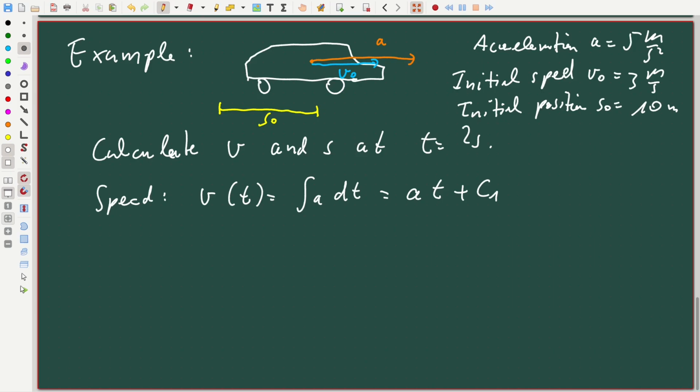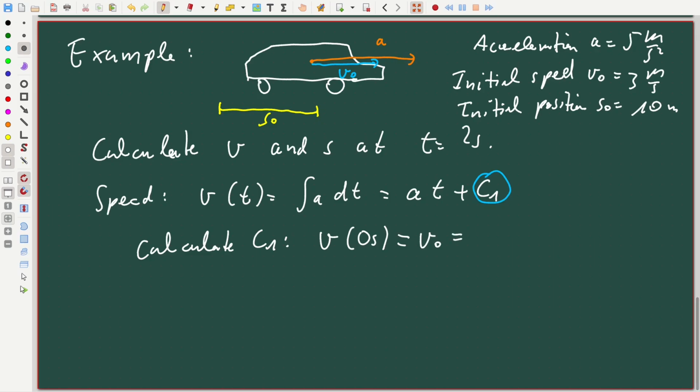Now the only question is, what is c1? We don't know at the moment what it is, but I already chose the right color for that. So we can now calculate it by using our boundary conditions. So we say v of 0 seconds at the beginning, we know already, this is our v0, is equal to v0.